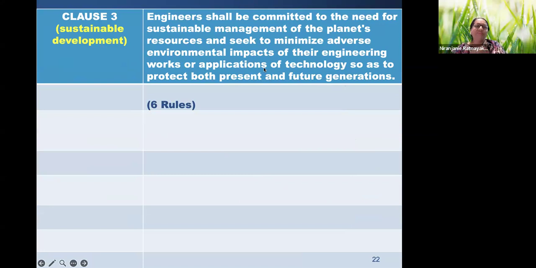Now, this is really up my path because I'm an environmental engineer. Anyway, all engineers should, I'm sure you all are in agreement with this, be working towards sustainable development. We have only one planet and resources are depleting at a very high rate.